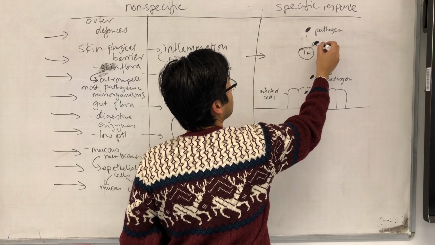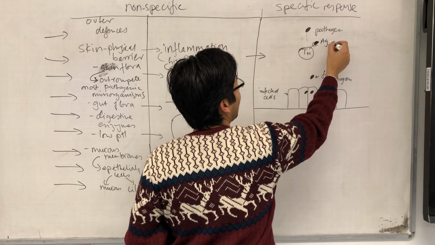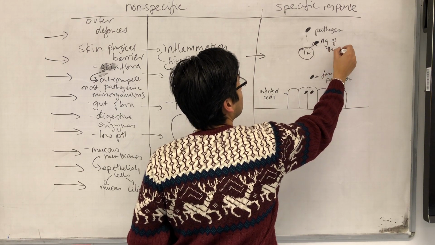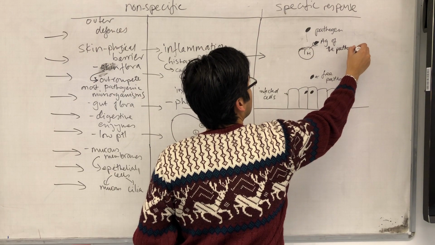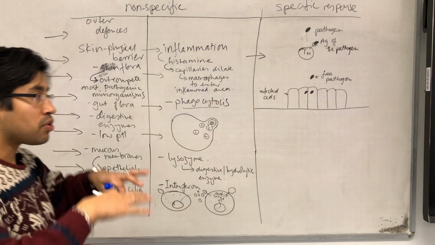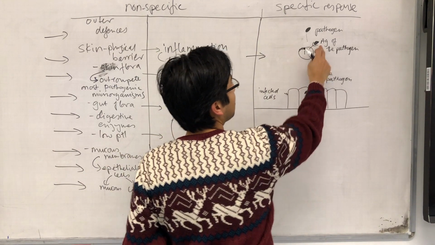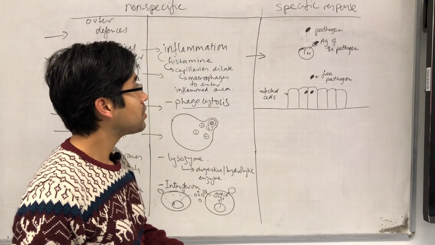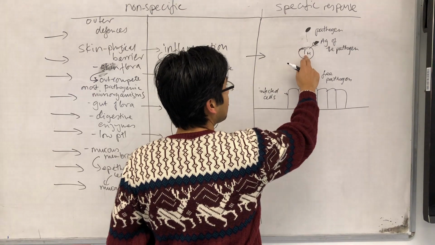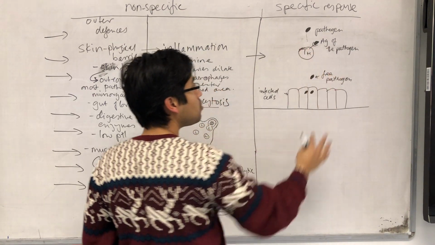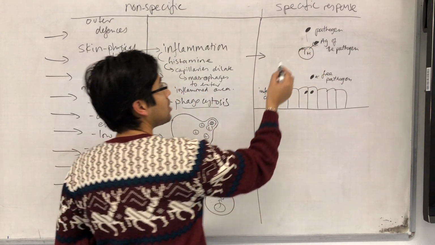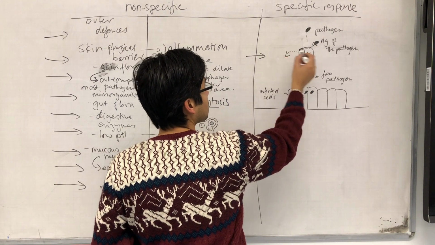Okay? So this is an antigen of the pathogen. The pathogen has structures on its surface, and each of those little structures can act as what we call an antigen. And T helper cells have antigen receptors, and when you activate a T helper cell, there's two things in general that it does.